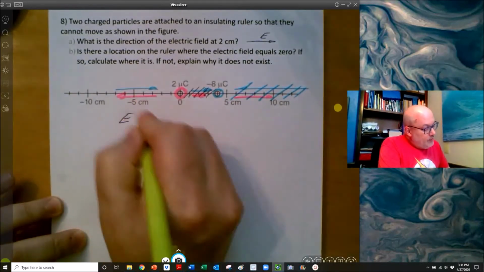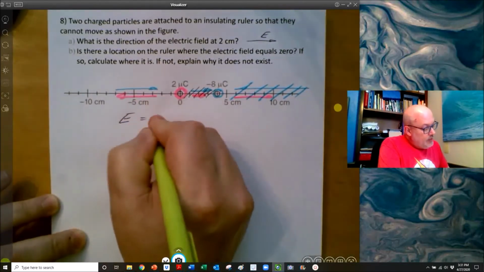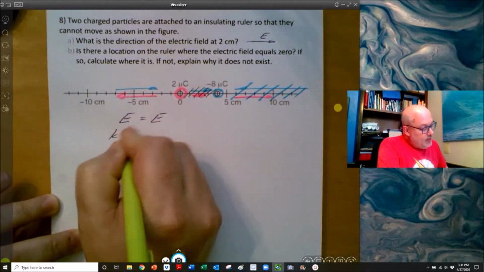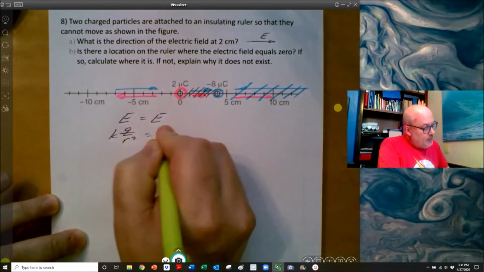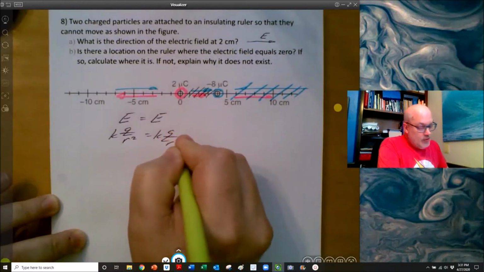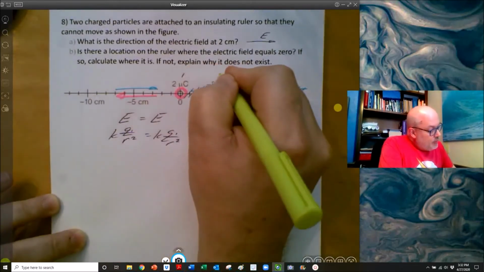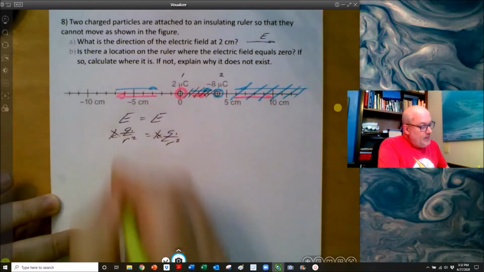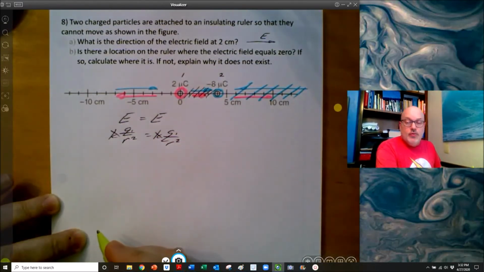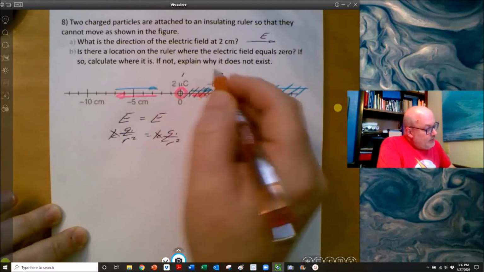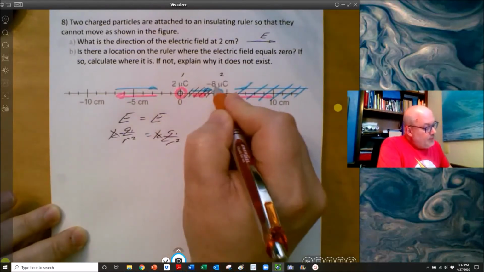Remember that the electric field from the blue and the pink must be equal, and that's kQ over r squared must equal kQ over r squared. I'm going to call this Q1 and Q2. The k's cancel out because they're equal. I'm going to try and relate these two. This one is a 2 microcoulomb, that's an 8 microcoulomb.